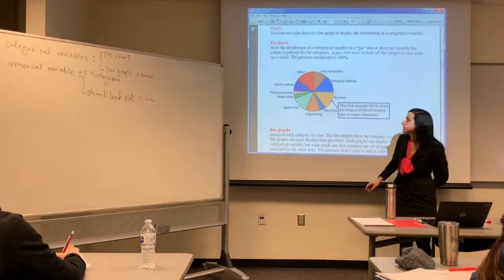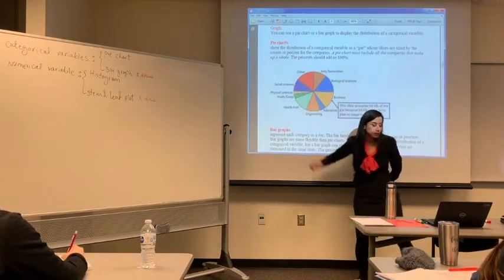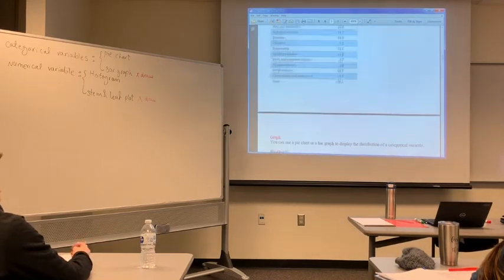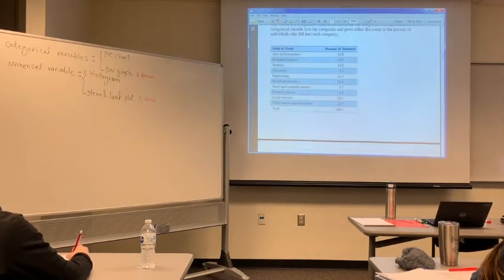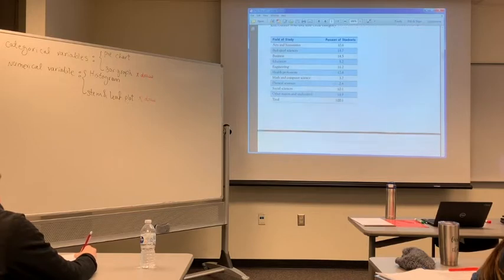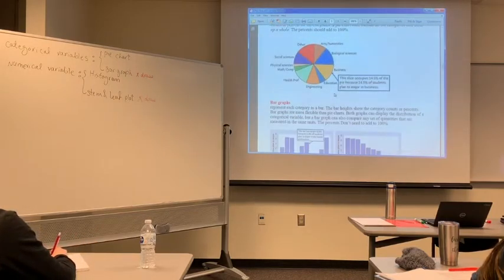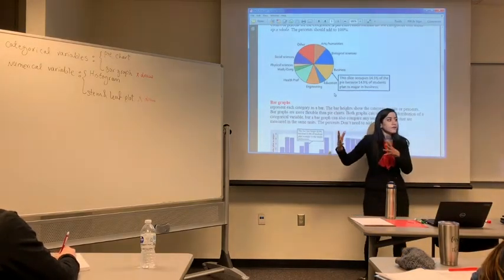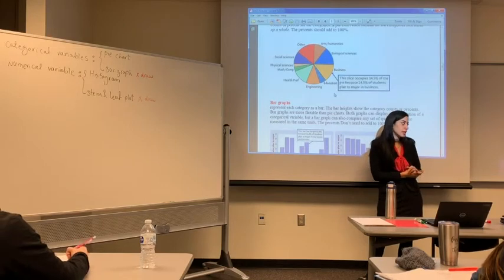And then why is this one small? If you go back to the previous data set, the smallest percent is 2.4 for physical science, correct? So now you will understand the size of each slice shows you whether you have a bigger frequency or a smaller frequency in that category.